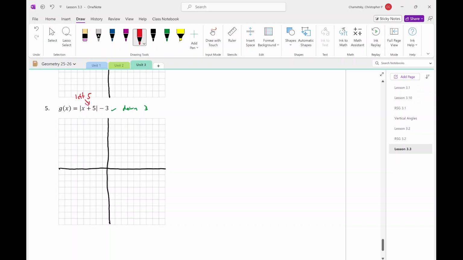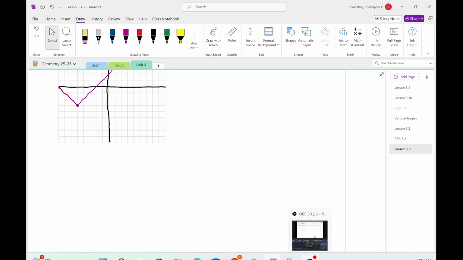So if we go left 5 and down 3, there's our vertex. And our absolute value plot looks like that. And that is the end of this lesson.